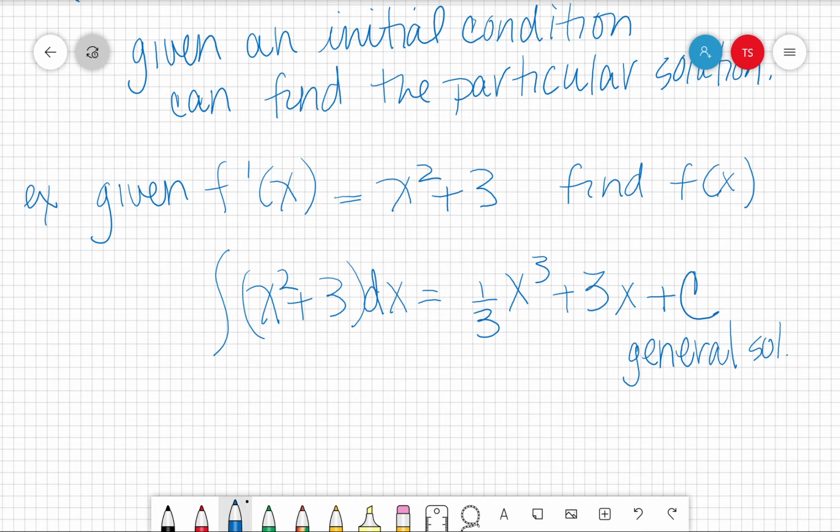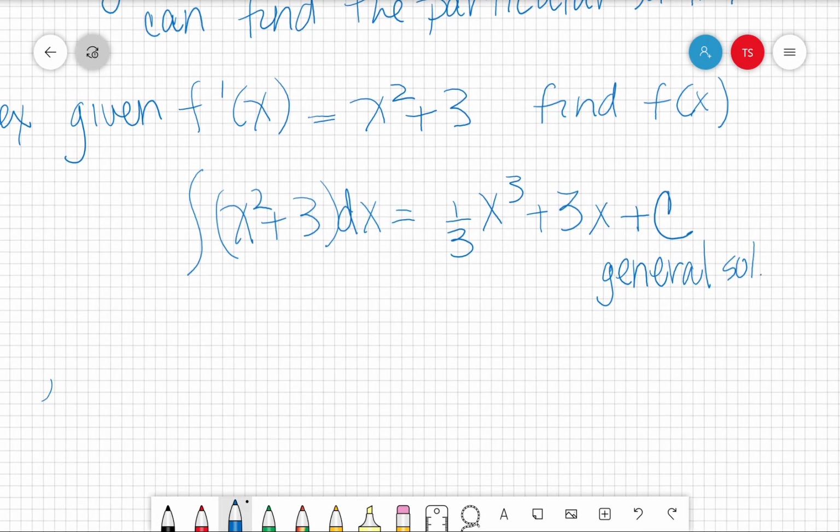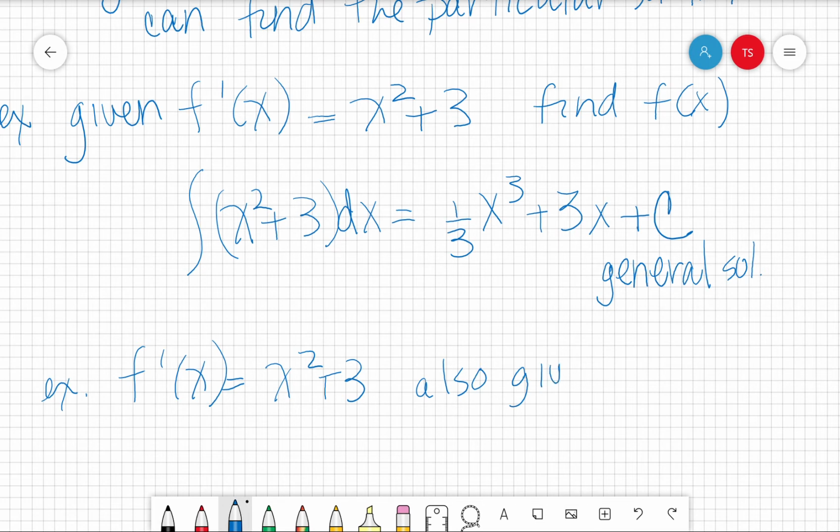Let's say I'm given that f prime of x is equal to x squared plus 3, but I'm also given that f of 3 is equal to 22.